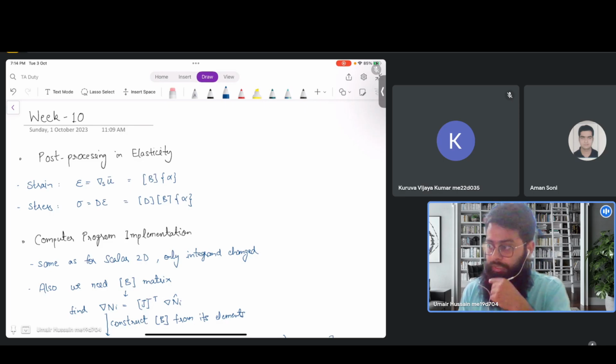Then we started with 1D FEM, where we discussed some example problems specific to structural problems. So we did the 1D bar problem, beam problem, truss problem, and then a generalized frame element problem.